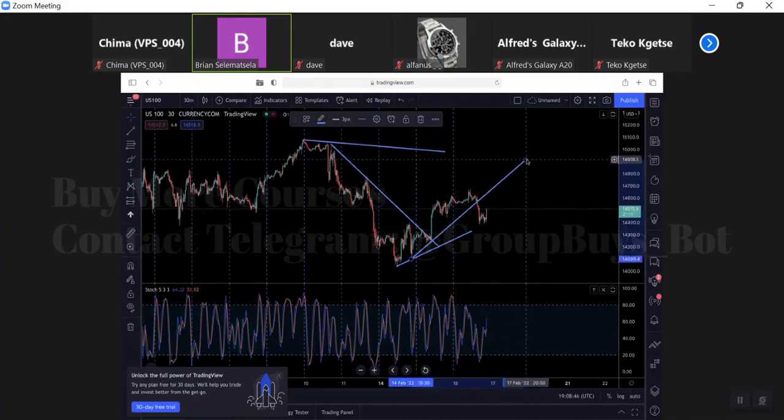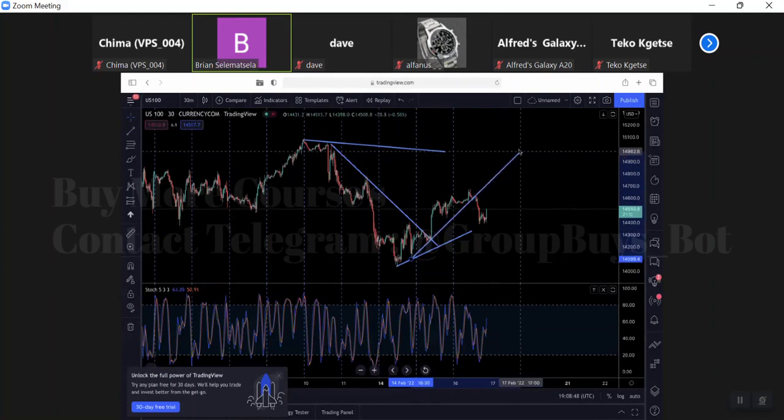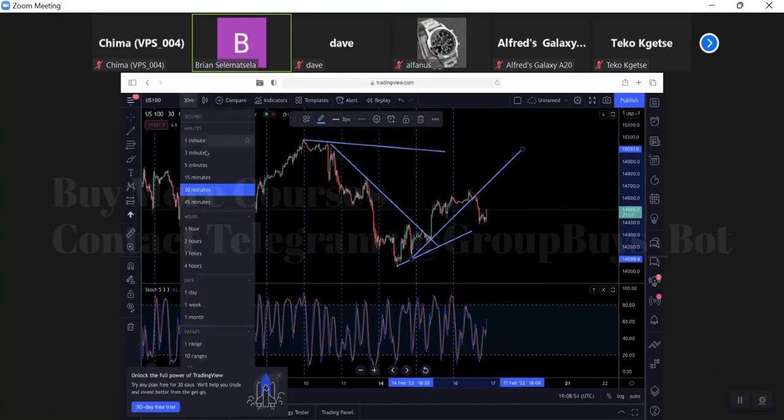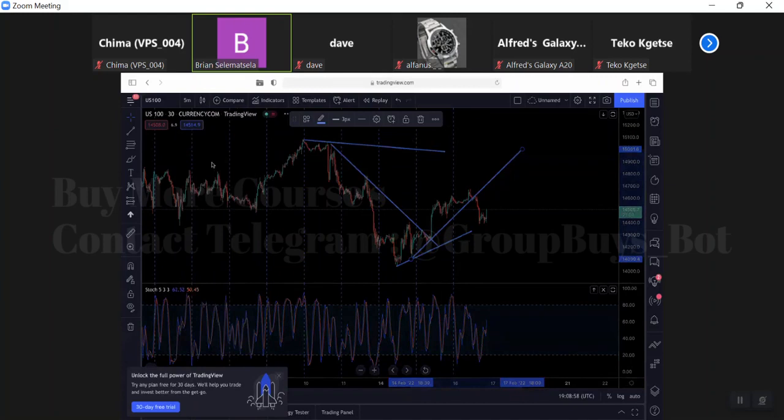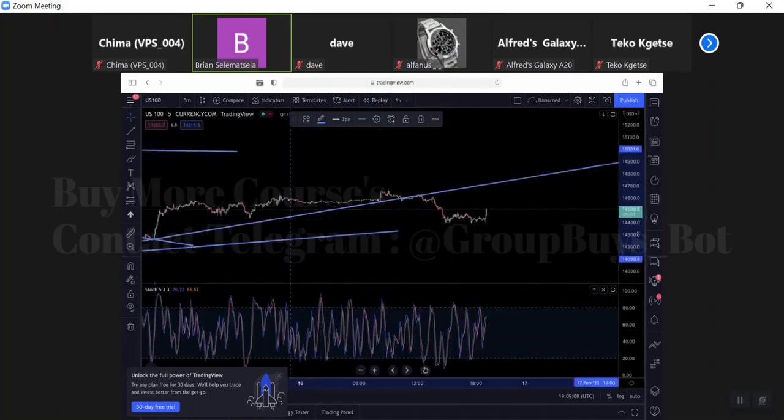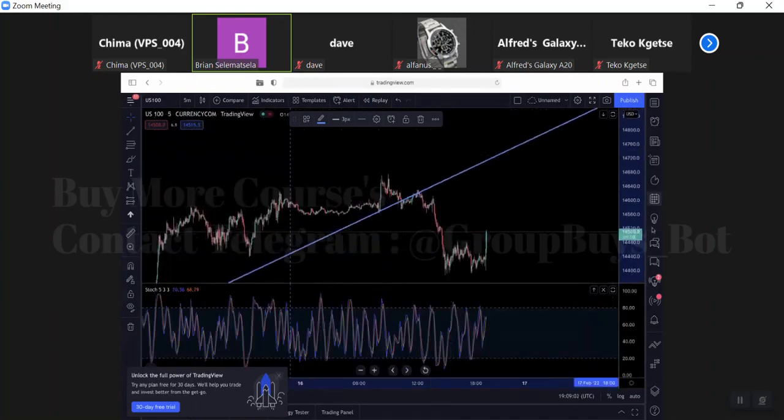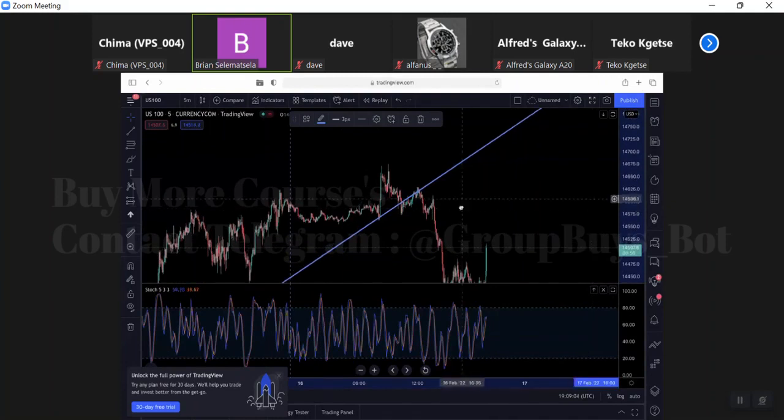So if you would have entered a buy, you would have closed when the market broke there. Now looking at a more detailed form, I want to double check something in terms of what the market is about to do now.